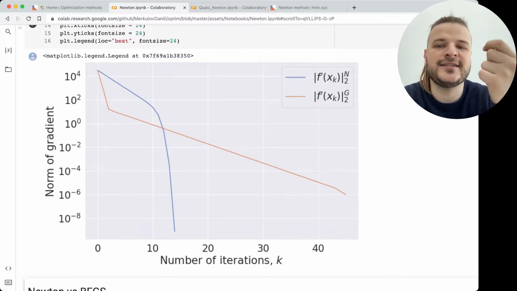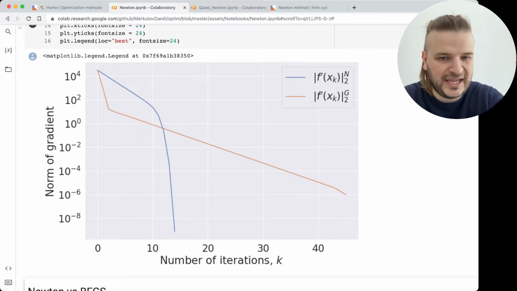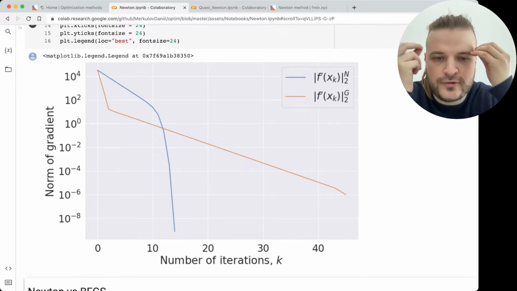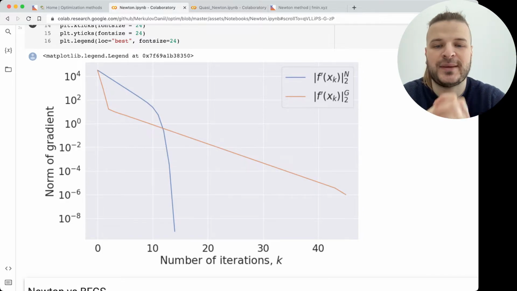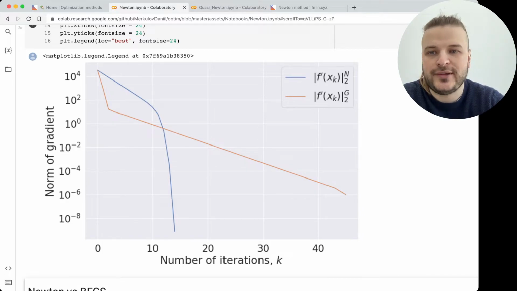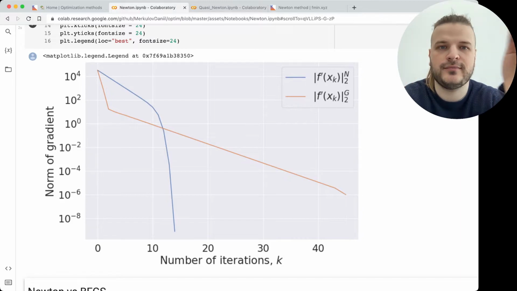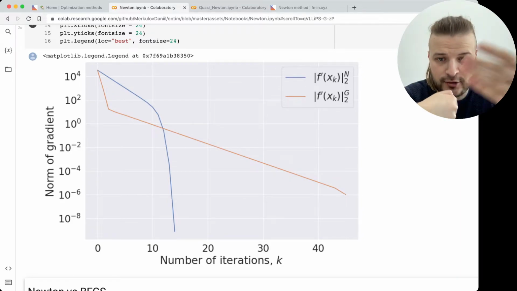And here's the difference between the Newton method behavior and the gradient algorithm, which justifies the difference in the complexity of each step. So what do we have here? We have a norm of the gradient plot, and the closer you are to the critical point, the smaller the norm of the gradient you have.